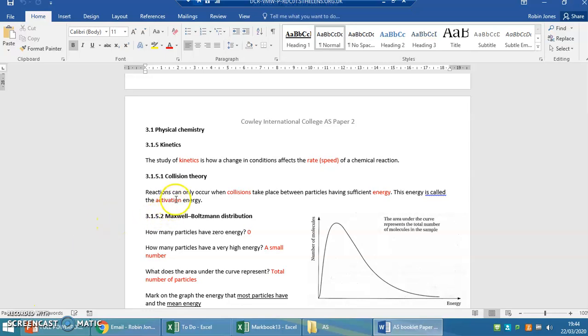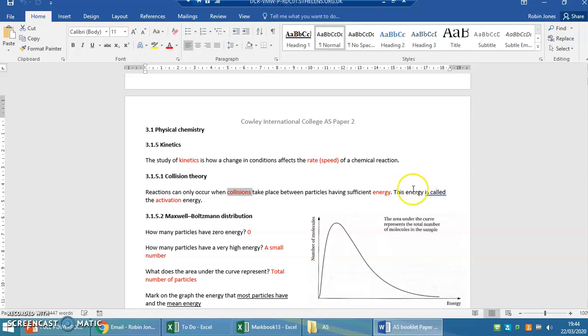A reaction can only occur when collisions, that means that particles bump into each other, take place between particles having sufficient energy. So they need to bump or collide into each other, but they also need sufficient energy. If they've not got sufficient energy, they just bounce or collide off each other without a reaction taking place.